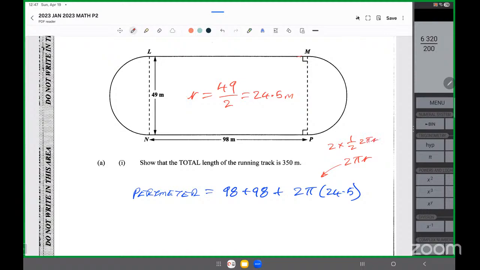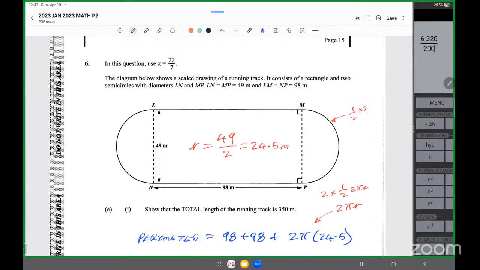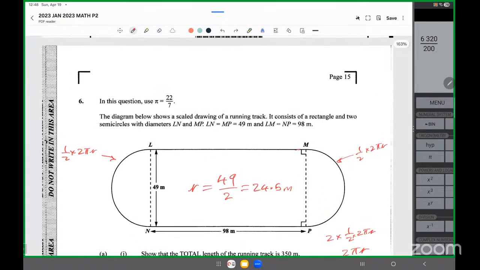This side is half of 2 pi r, half a circumference, and this side is also half of 2 pi r. There are 2 of them, so it becomes just 2 pi r, because the half cancels the 2. That's what this is, 2 pi r right here. And then up here is 98 as well.